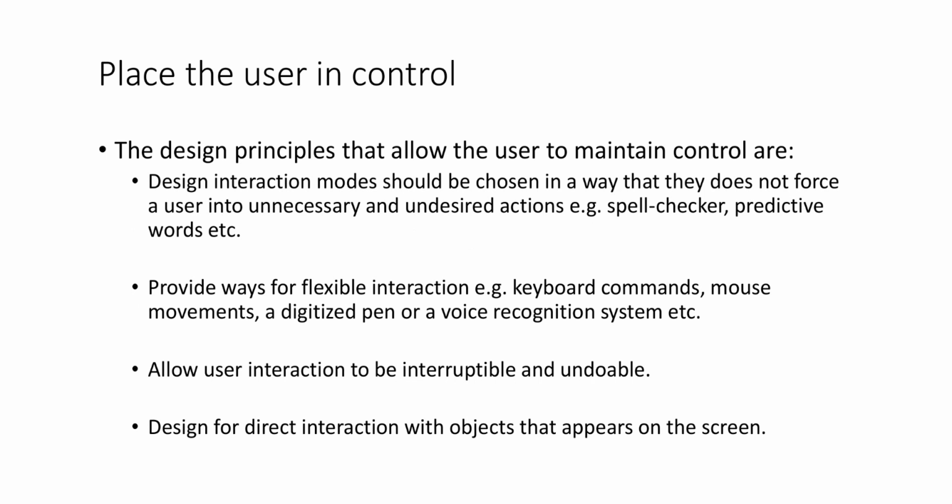The last is to design for direct interaction with objects that appear on the screen. Design for direct interaction is very useful when I want to interact with the objects that are appearing on the screen, like a video. If a video is running and I want to pause it, I can pause it, right?